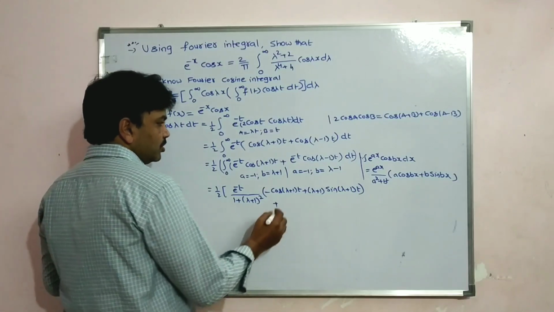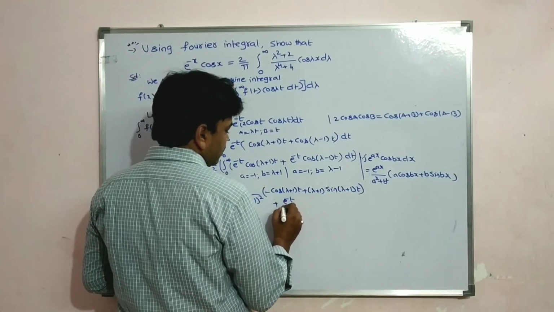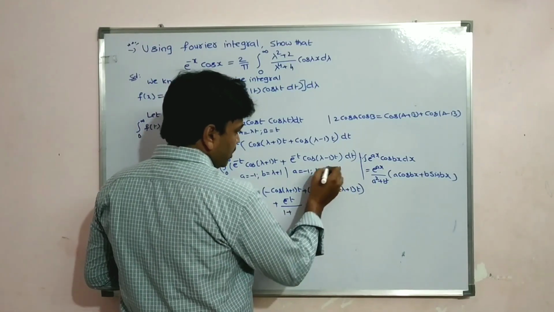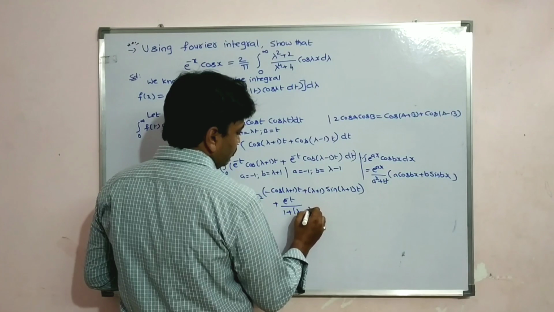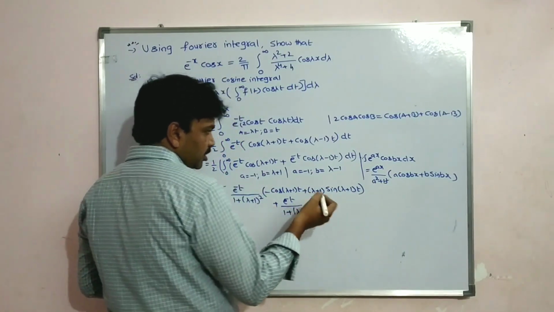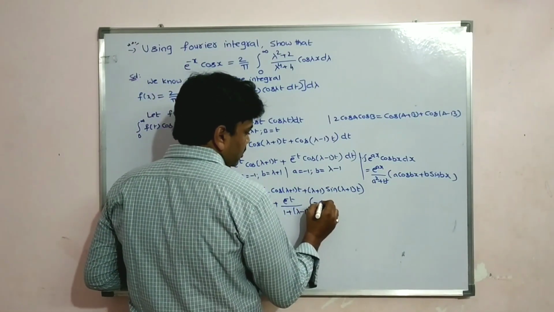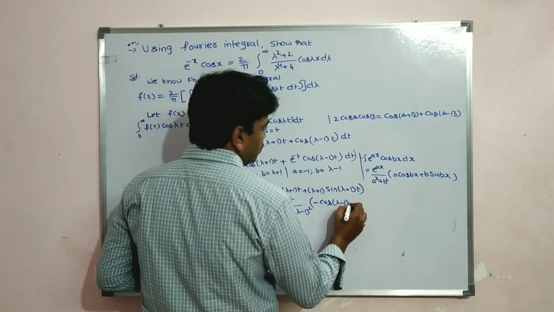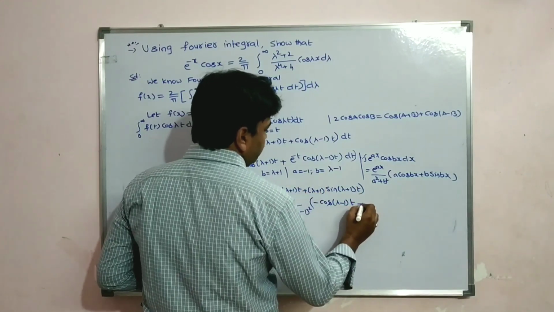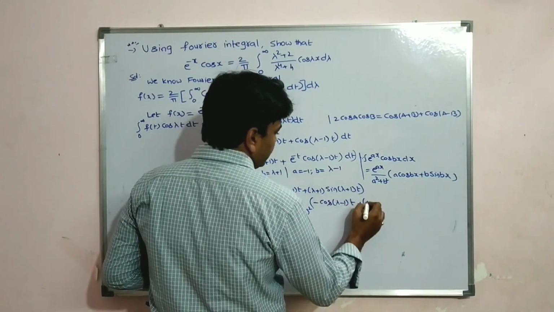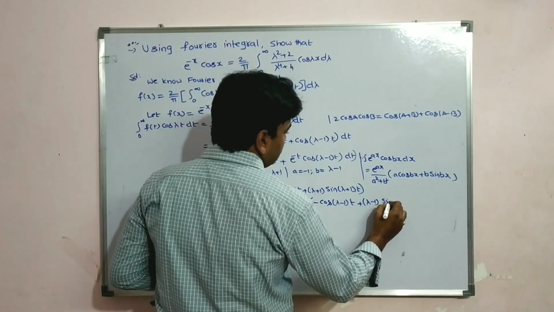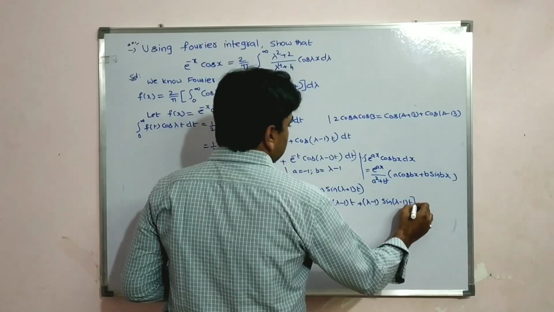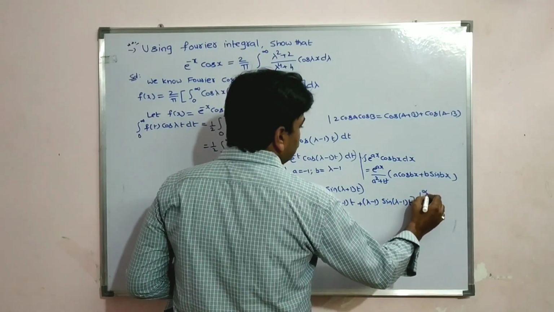So e power minus t by a square, minus 1 whole square, so we get 1 plus b square, lambda minus 1 whole square, bracket a cos bx, that is minus 1 cos lambda minus 1 into t plus b, lambda minus 1, into sin lambda minus 1 into t, bracket close. Between the limits, students, 0 to infinity.